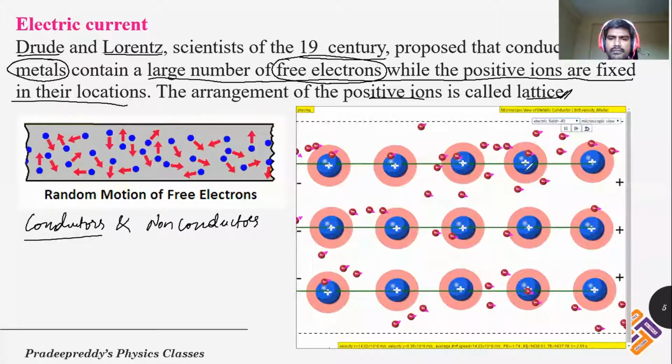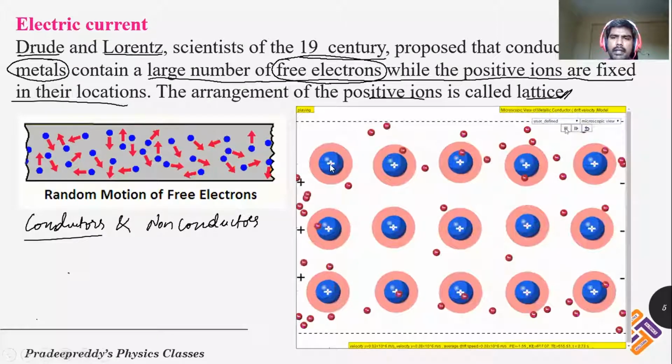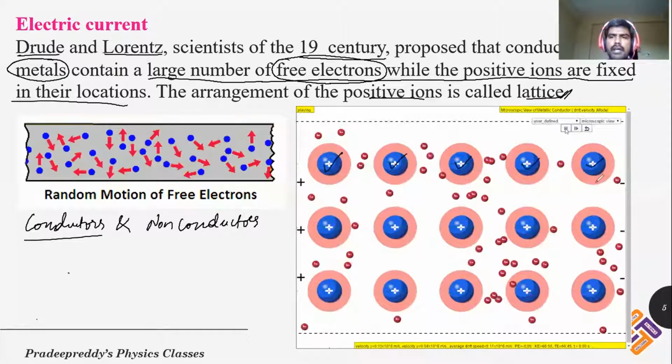Now you can see in this figure, when you are dealing with electrical conductors, you can check it out. In this animation video, you are able to see the positive charges being fixed at their positions. This is a positive charge, this is a positive charge, but it is called an ion.